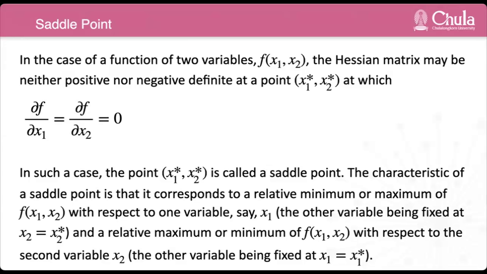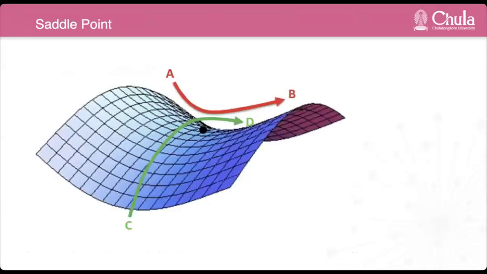Okay, and you see that because the Jacobian is 0, that means when we find the derivative in both directions, they are both 0, but the property is different. Maybe going in one direction, it's a maximum, and the other direction is a minimum. Okay, we call it a saddle point, like this.